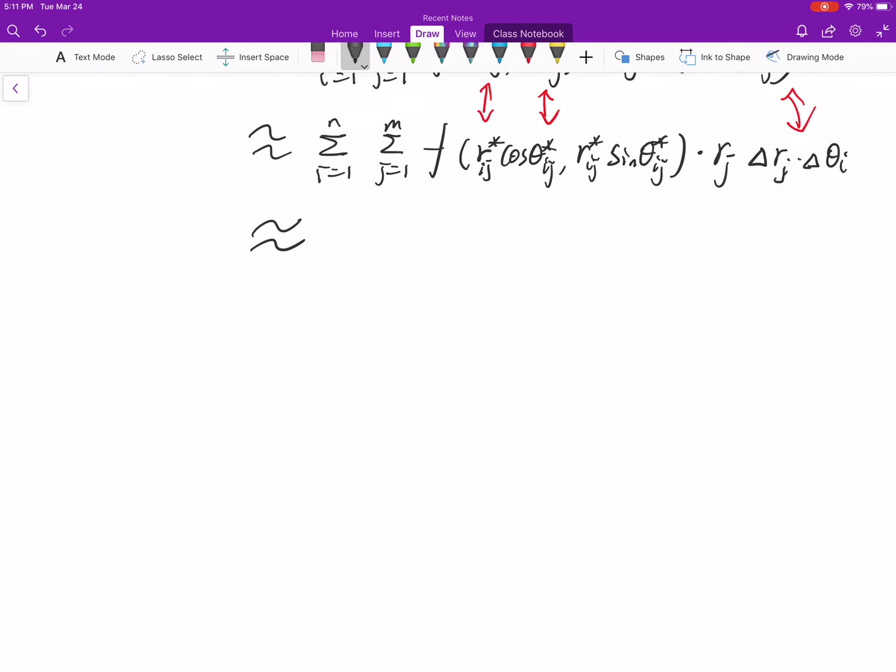This is exactly the integral over D theta of the function f of r cosine theta, r sine theta, times r dr d theta.